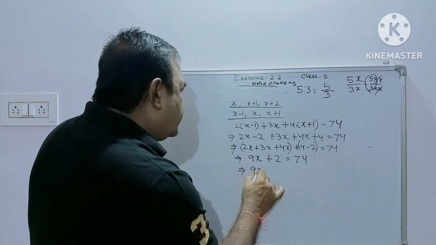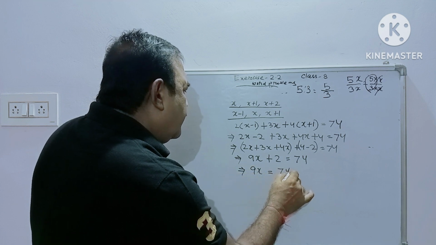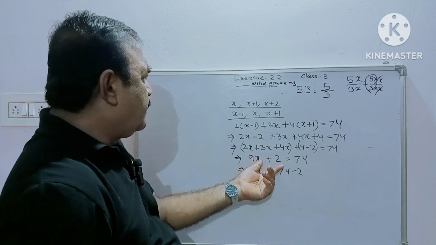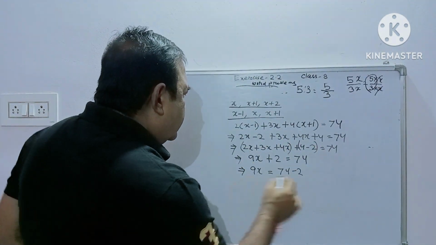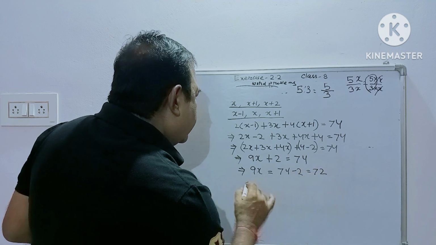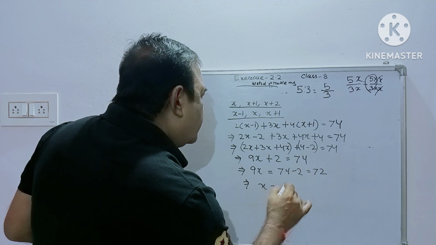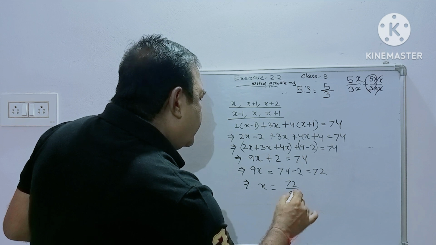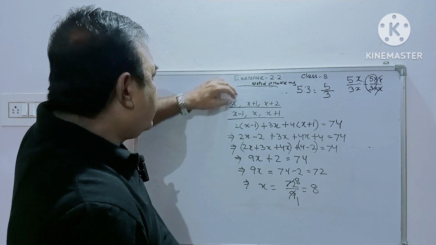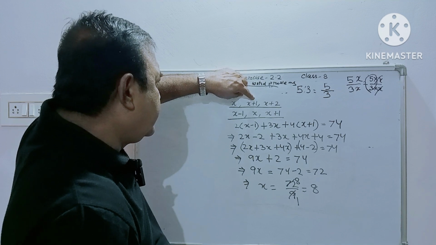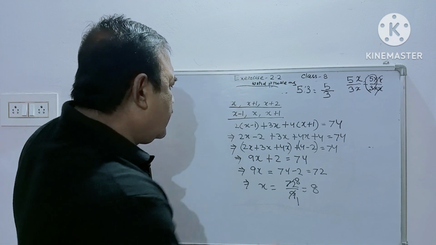So 9x is equal to 74 minus 2, we transpose plus 2 to the right hand side, so the sign will be changed, that is equal to 72. That implies x is equal to 72 upon 9. 9 8s are 72, so that is 8. So I got one integer, x is equal to 8.